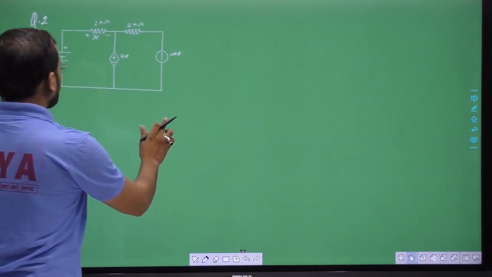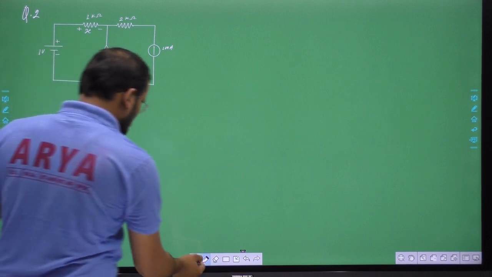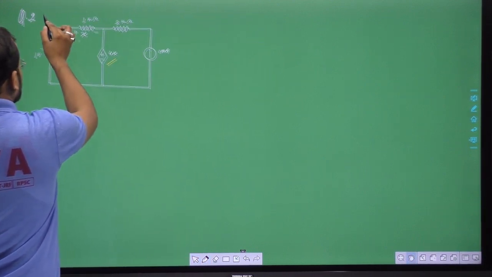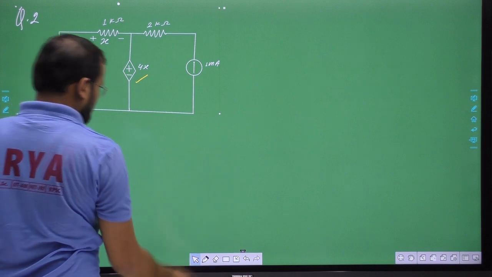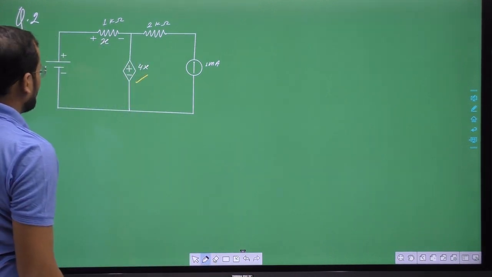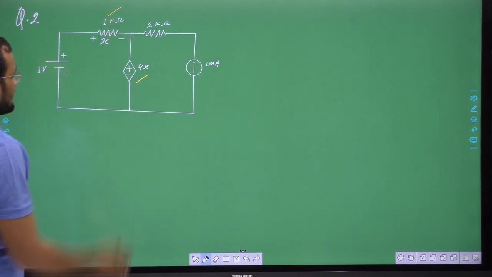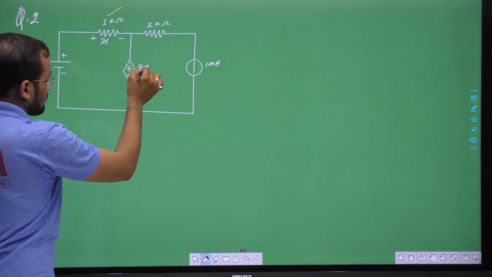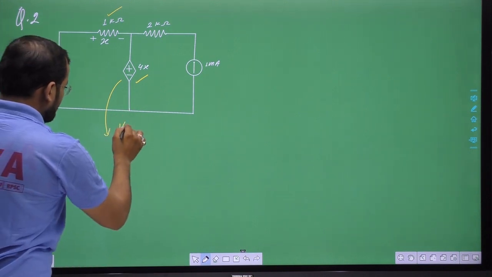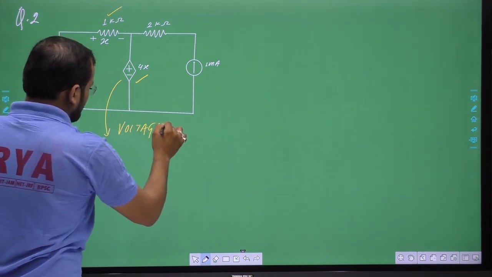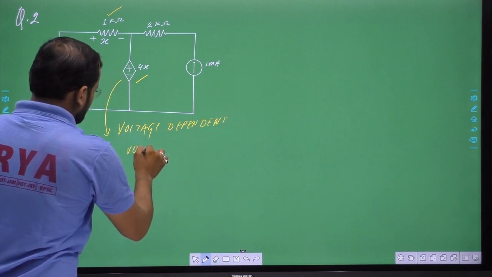This question is important from the point of view of the dependent source. Now we will look at the concept of the dependent source. Here, look, the voltage across this 1 kilo ohm element is x, and the value of this dependent source depends on this x. So we can say that this is a voltage dependent voltage source.